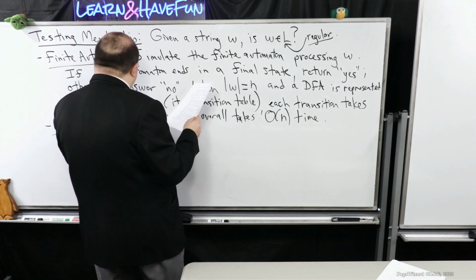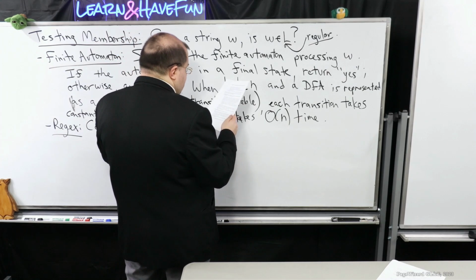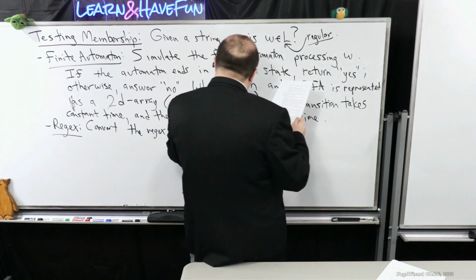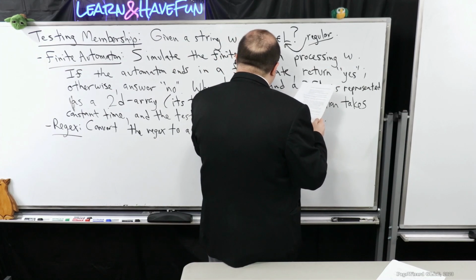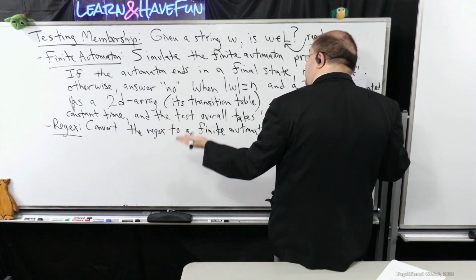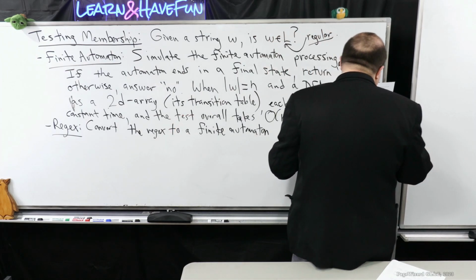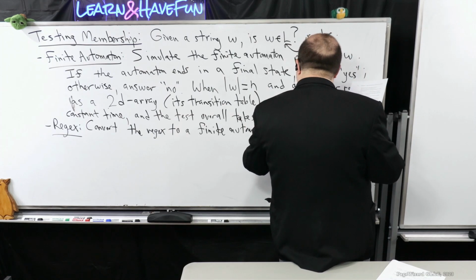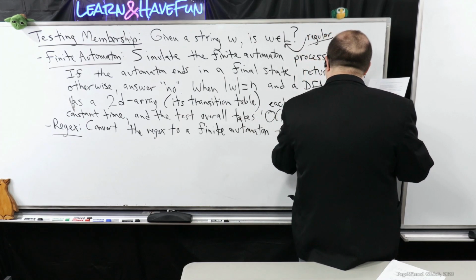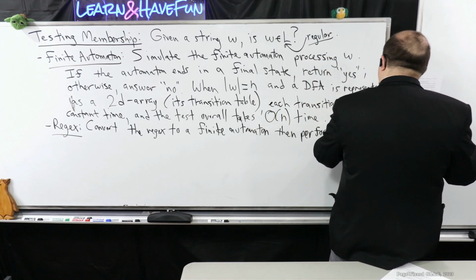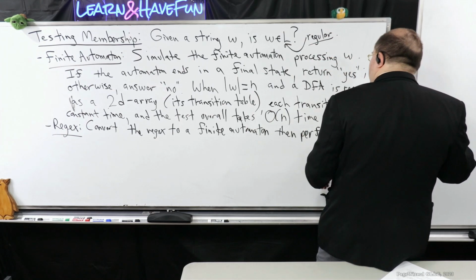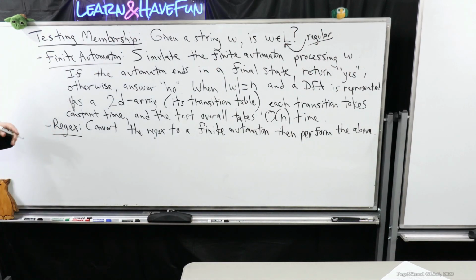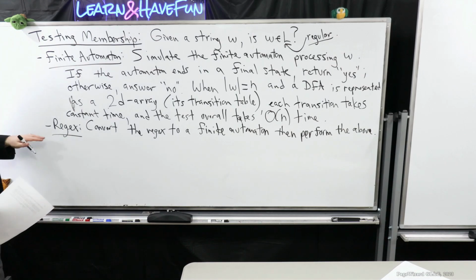So you can always convert the regular expression to a finite automaton, such as an epsilon FA using Thompson's construction, and then perform the above. So remember, this discussion applies to just any finite automaton. I just wanted to keep it simple for us.